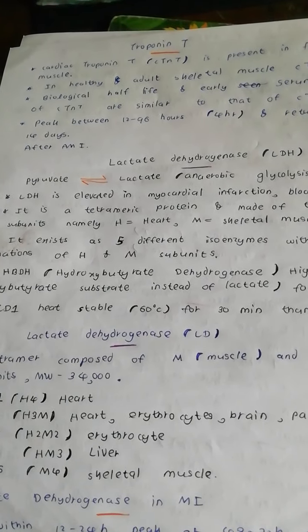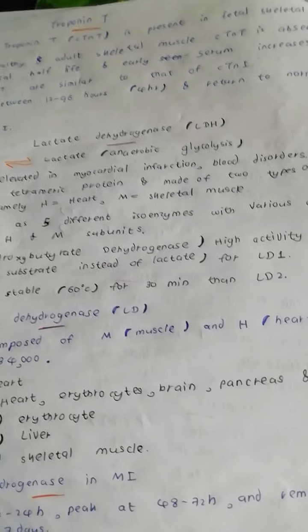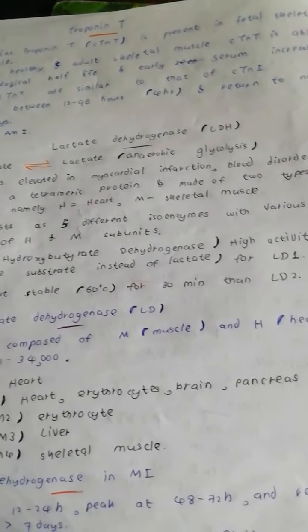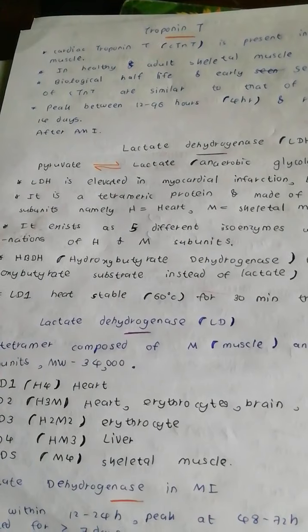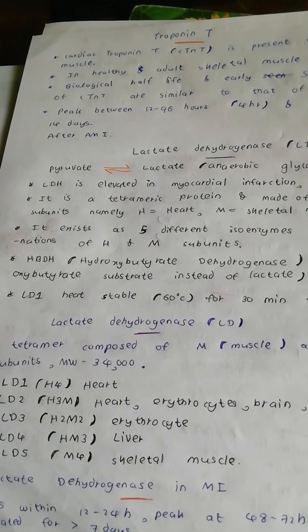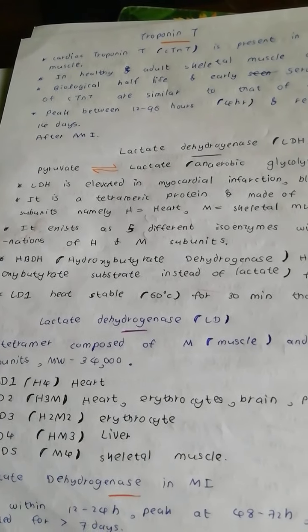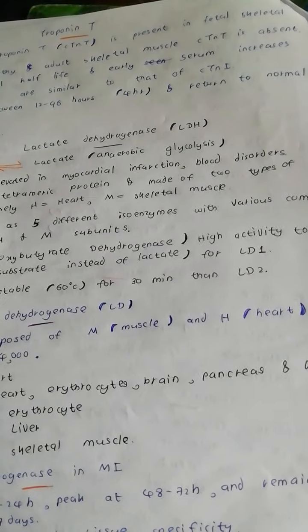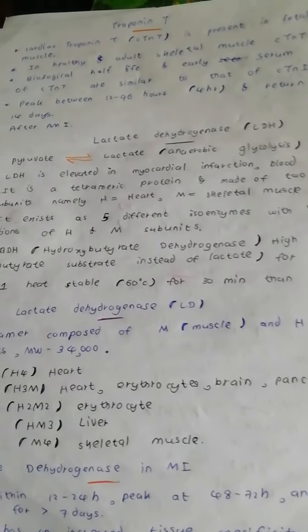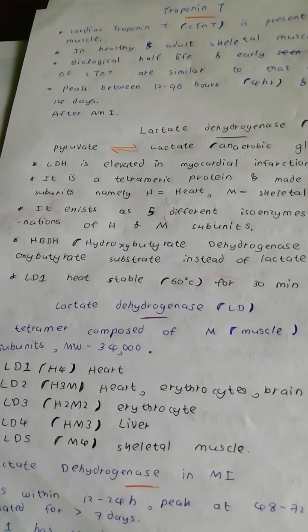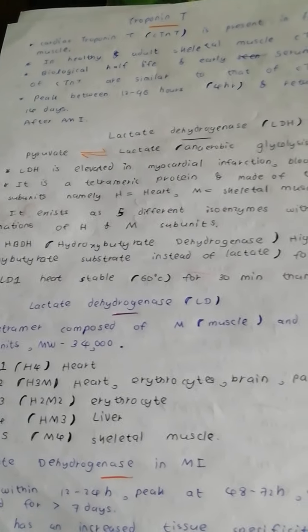It exists as 5 different isoenzymes with various combinations of H and M subunits. HBD, hydroxybutyrate dehydrogenase, has high activity to hydroxybutyrate substrate instead of lactate.